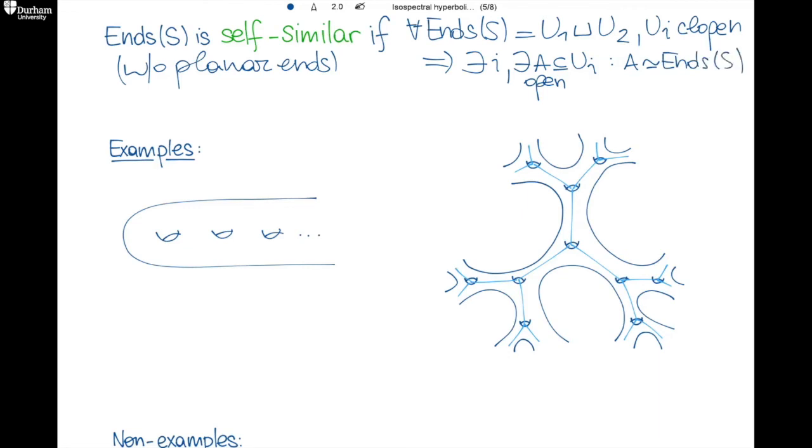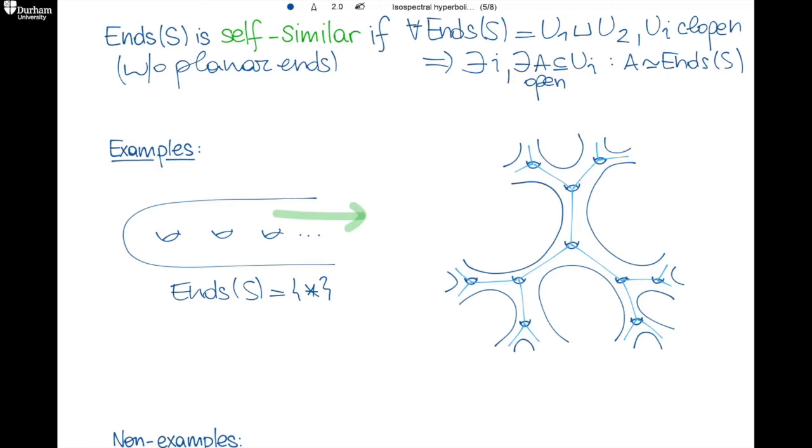It's maybe a bit obscure, so let me just give you a couple of examples that hopefully clarify what that means. So the first example here is a surface that has a single end. So here the space of ends is a single point. It's going to infinity in this direction. So Federica, I guess you probably mean U1 and U2 are non-empty as well.